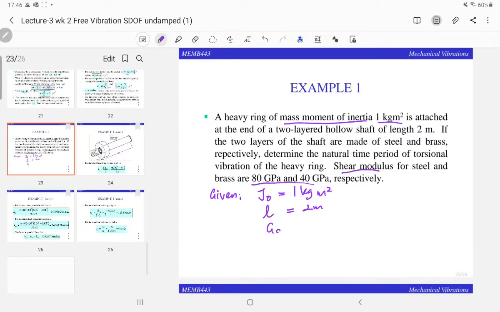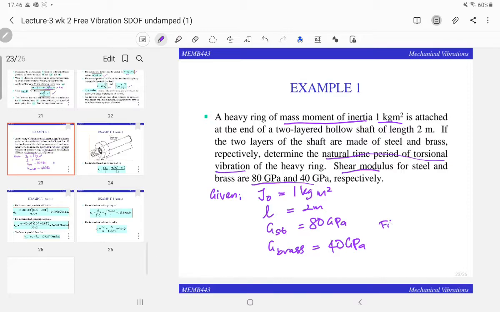They give you the shear modulus of the steel, G, which is 80 GPa, and also brass of 40 GPa. What you want to find is the natural time period and torsional vibration.